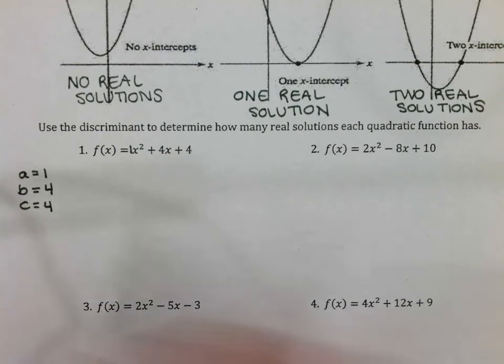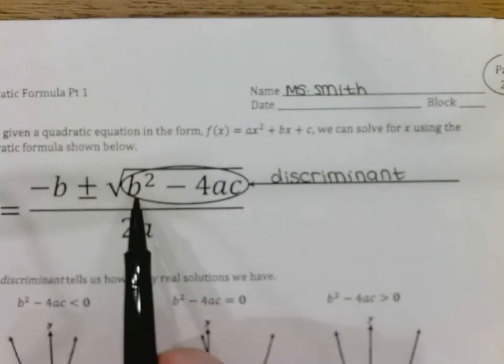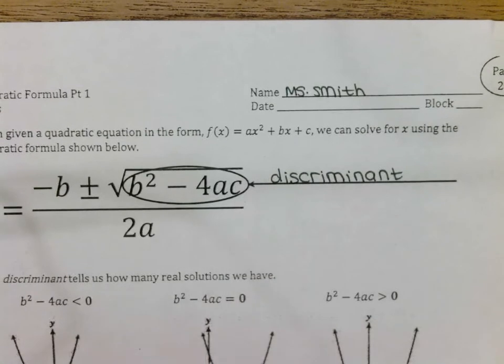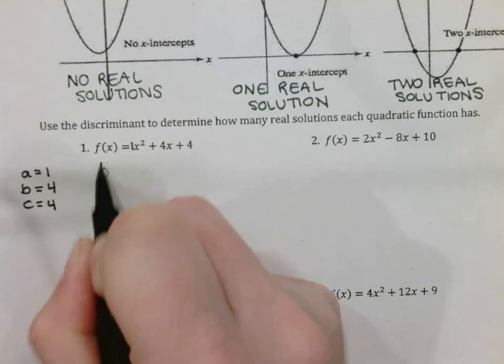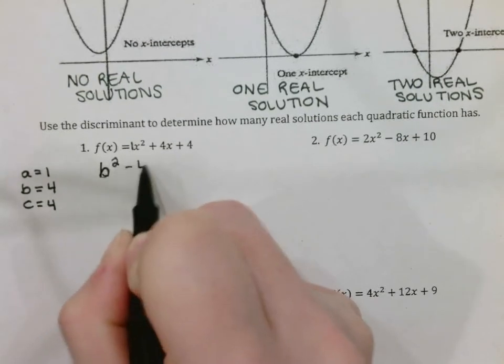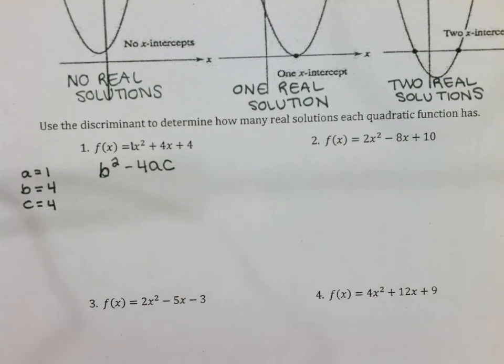Okay, and so we're going to plug this into our discriminant. And remember, we said our discriminant is equal to b squared minus 4ac. So I'm going to rewrite that. B squared minus 4ac.